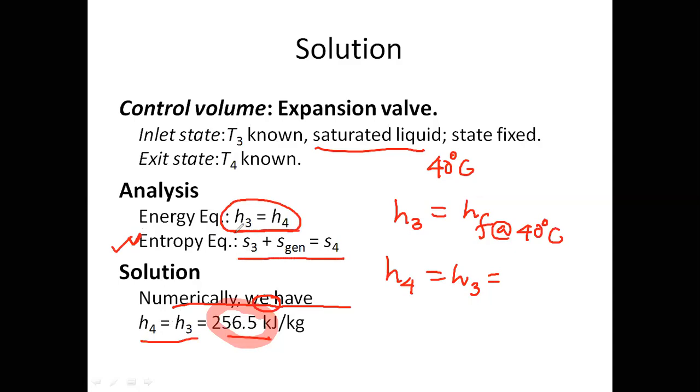We have shown the entropy balance: entropy increases from 3 to 4 because throttling is an irreversible process. S4 is S3 plus Sgen, and Sgen is always positive, so S4 is greater than S3.